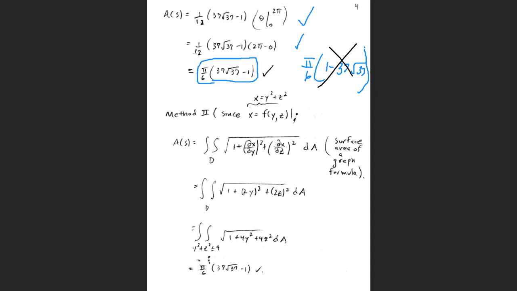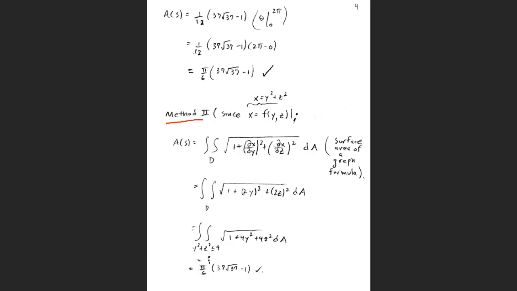All right, now you remember I mentioned there's a second method. It does not work all the time. You cannot depend on the second method working all the time. But because x is a function of y and z, the surface area for the graph would be given by this double integral.